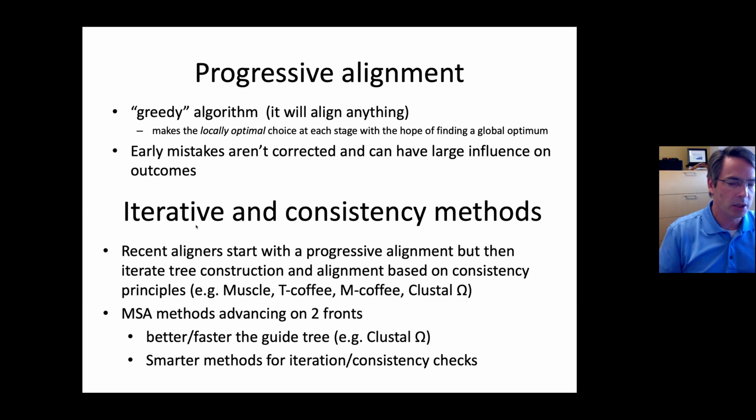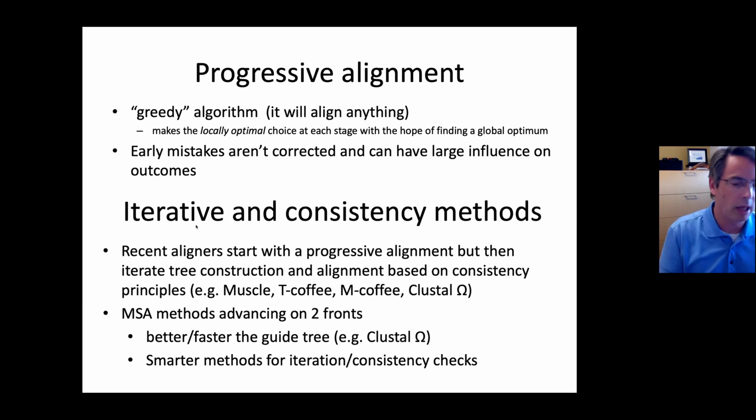So the next step in multiple sequence alignment progression, what made them better, was using iterative and consistency methods. They start with a progressive alignment, but then they take different strategies on how you evaluate that first set of alignments, and then basically rerunning the progressive alignment based on some modification.